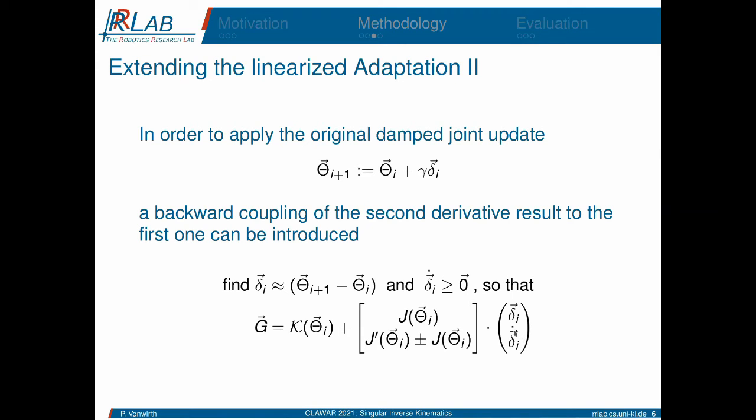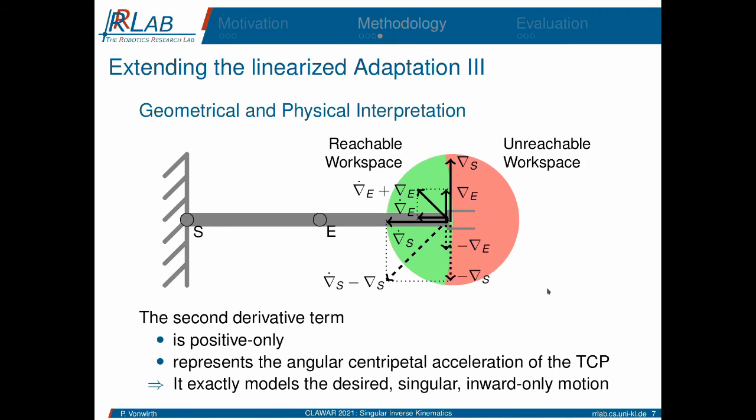So this delta dot can simply be neglected afterwards, and only this delta is moved on to the iteration to come closer to the goal by this original approximation algorithm. So here is the picture of what exactly happens.